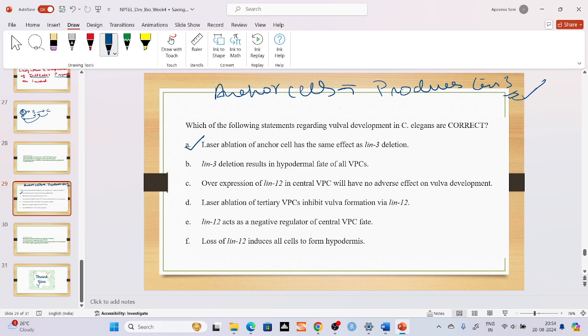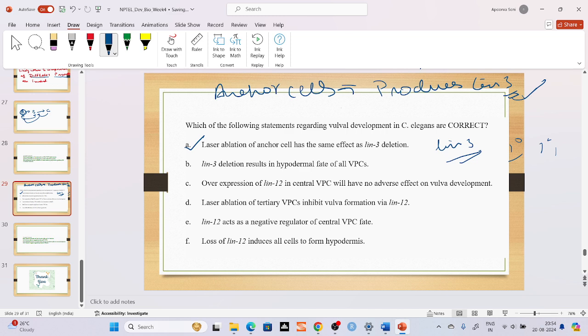Okay. Now we come to the next statement, which says lin 3 deletion results in hypodermal fate of all vulval precursor cells. It is true, because lin 3 determines whether a cell would be primary, secondary or tertiary. Lin 3 is the induction signal.